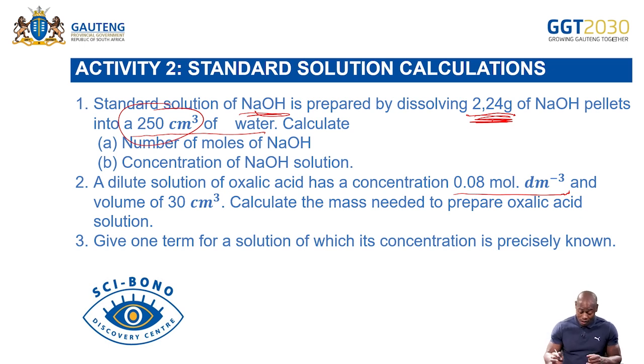One of the questions they can ask here is: is oxalic acid a strong or a weak acid? You should know that oxalic acid is one of the common weak acids, and that oxalic acid can be dilute. It can also be concentrated. But whether it is concentrated or dilute, that doesn't change its strength. It remains a weak acid. So let's be careful, learners, when it comes to that.